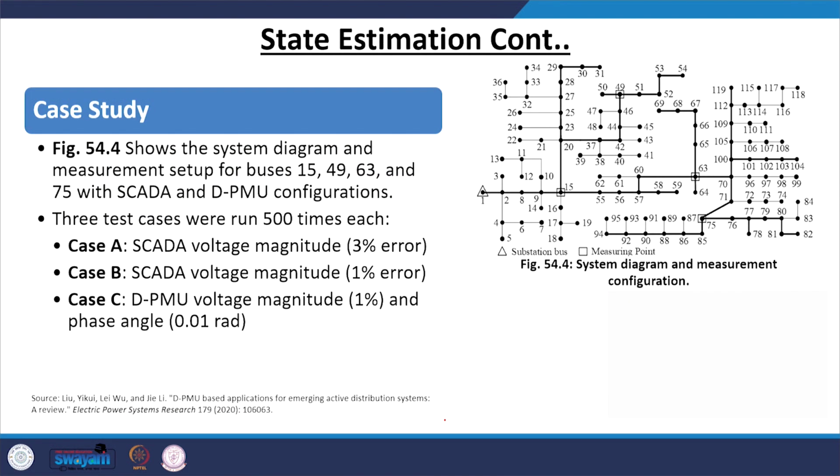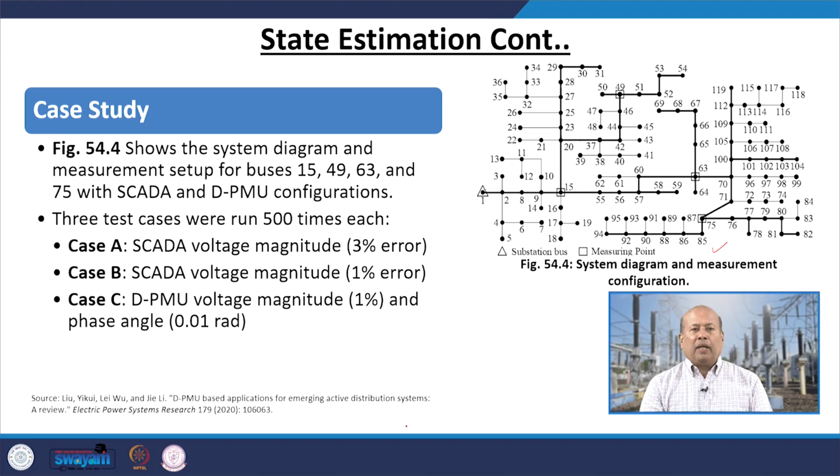Now, if you take a case study here, figure 54.4 shows a purely radial network, and it shows the system diagram and measurement setup for buses 15, 49, 63 and 75 as a case study with SCADA as well as D-PMU configuration.